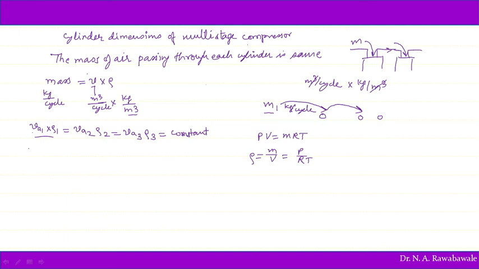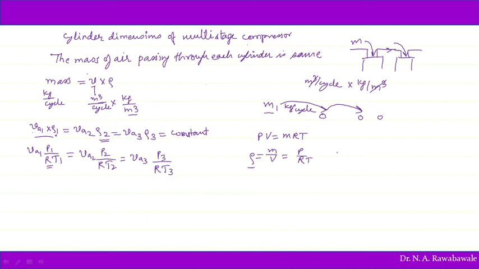Therefore we write this as VA1 into P1 divided by RT1. So in place of rho we write P1 divided by RT1. So rho is nothing but P divided by RT, which is equal to VA2 P2 divided by RT2, which is equal to VA3 into P3 divided by RT3.